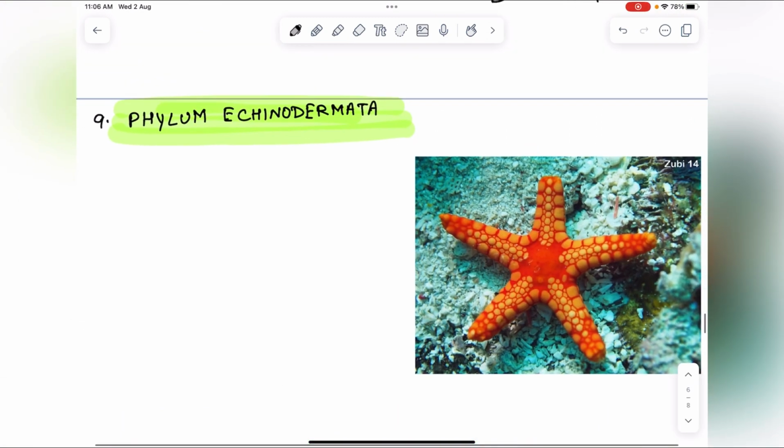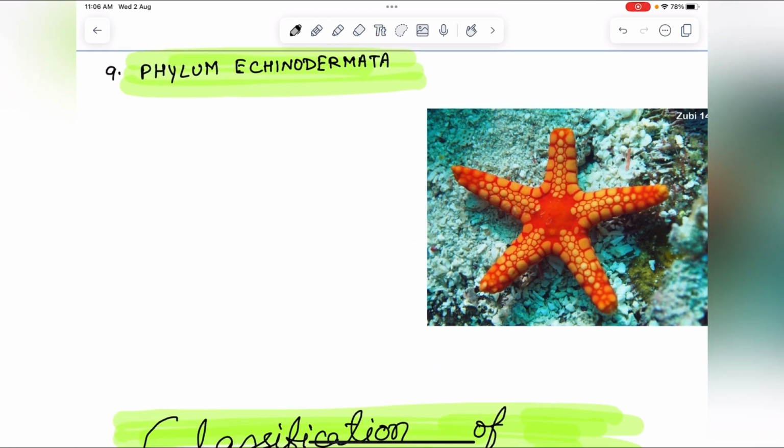Now next is phylum Echinodermata. They all are marine, like the starfish. They have exoskeleton and spiny surface.